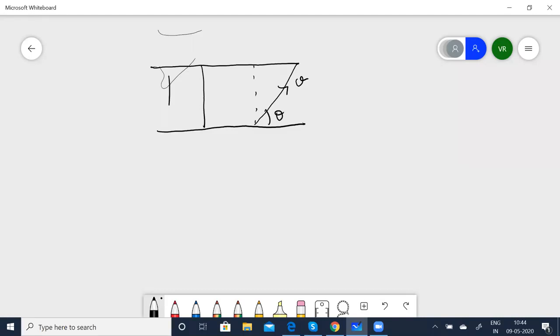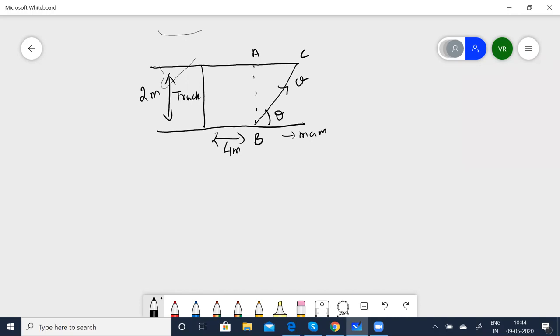He says this distance is 2 meters, so mark it as AB. Let this be C. And this distance is given as 4 meters. So the man is moving along this direction, and the truck is going to be here.